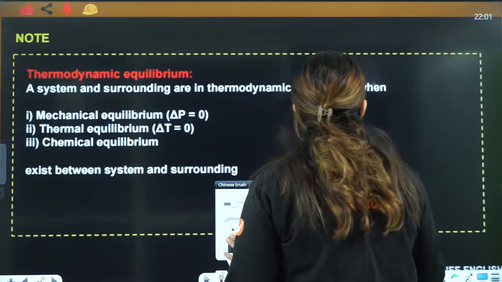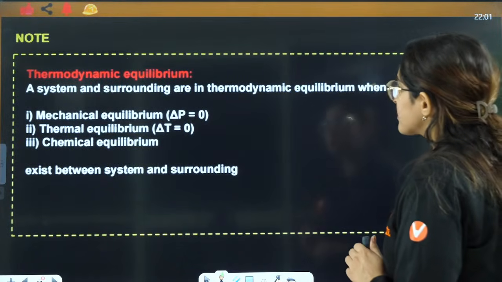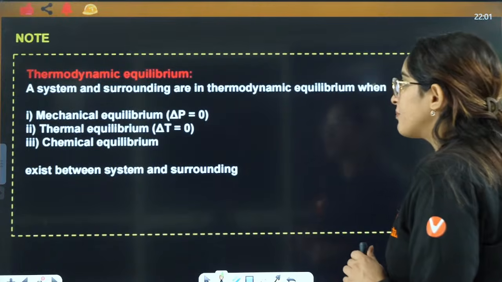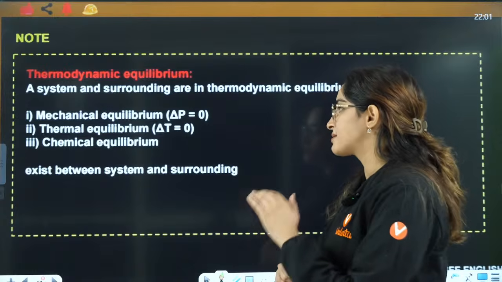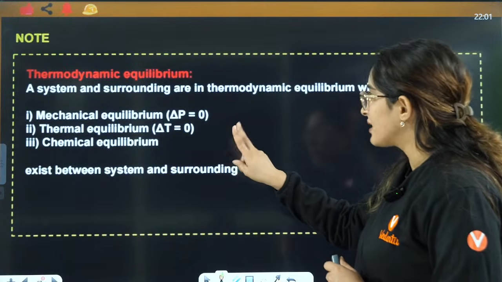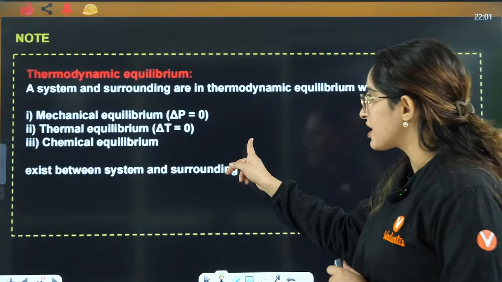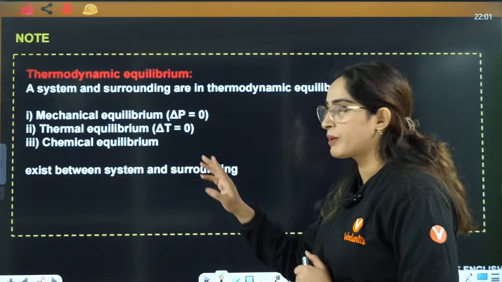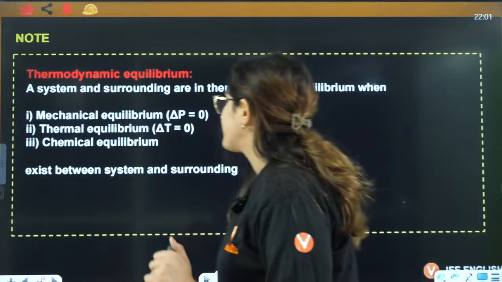Now let's see what is thermodynamical equilibrium. A system and surrounding are in thermodynamical equilibrium when mechanical equilibrium, thermal equilibrium, and chemical equilibrium exist between system and surrounding. When the mechanical change is zero, thermal change is zero, and chemical equilibrium exists, that is your thermodynamical equilibrium, right?